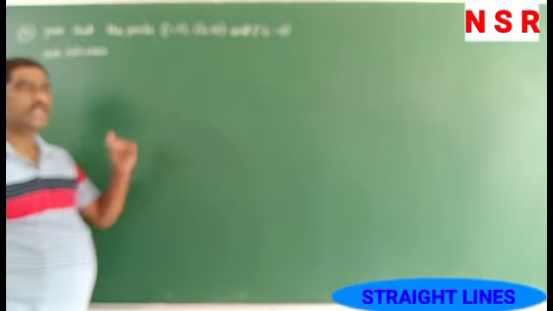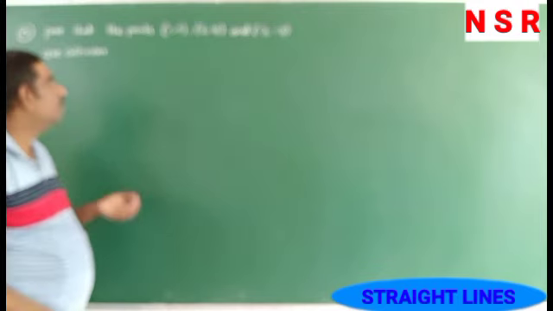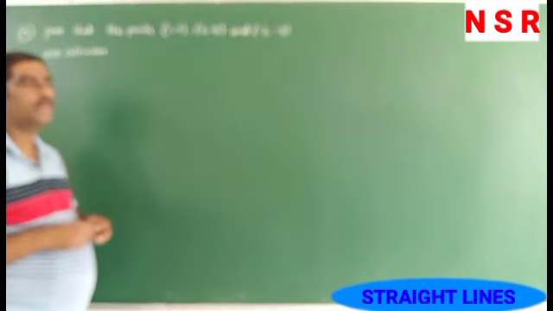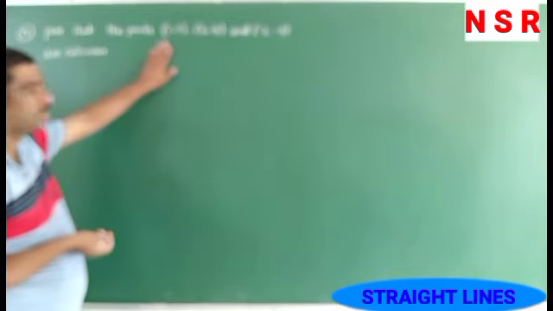So next, question number 15, prove that the points are collinear. What are collinear points? 3 or more points that lie on the same line are called collinear points. How do we prove the given points are collinear? If the area of the triangle is equal to 0, the given points are collinear.